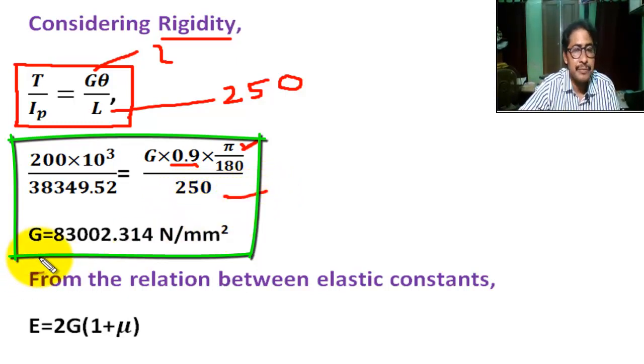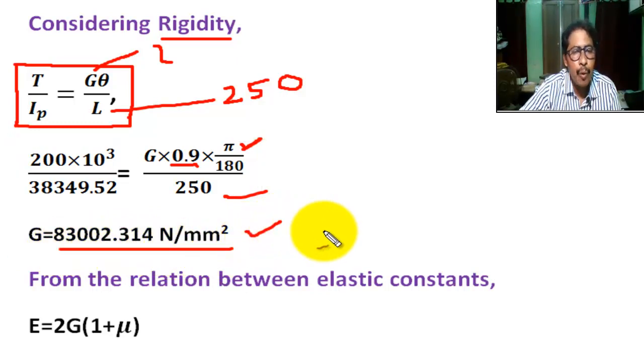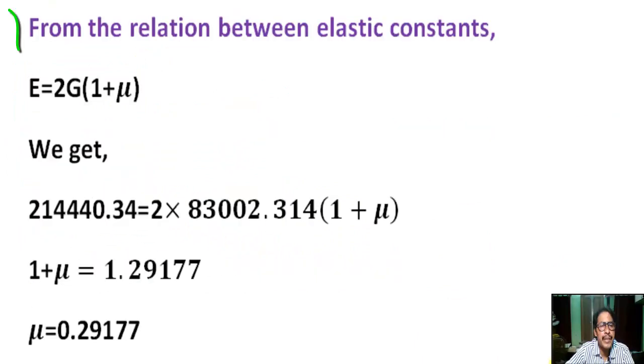From this, G modulus of rigidity, by calculation we get G equal to 83002.314 Newton per millimeter square. Okay.